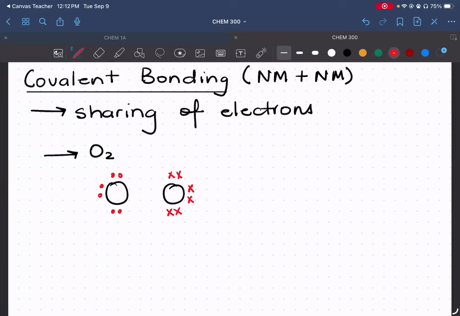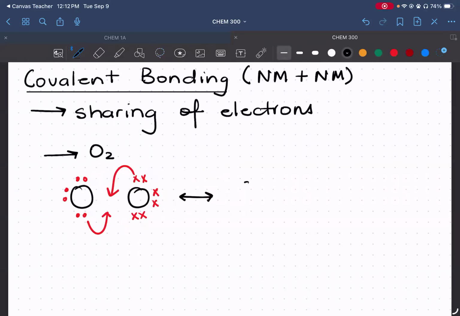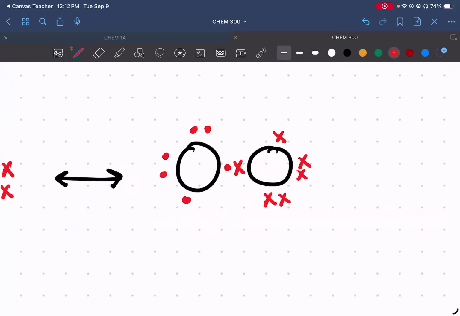We know that. So what's going to happen is they say, hey, if I lend you one of my electrons, can you loan me one of yours? The oxygen atom says, you know what? That's a fine deal to me. Let's get together and do this. So now we have the same oxygens with their electrons, but now one electron from each is being shared right between them, like so.